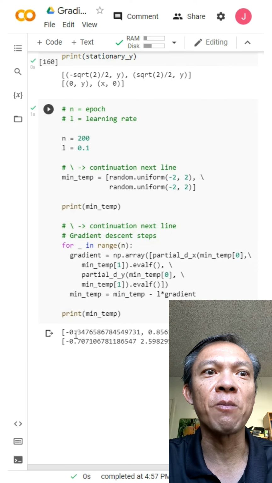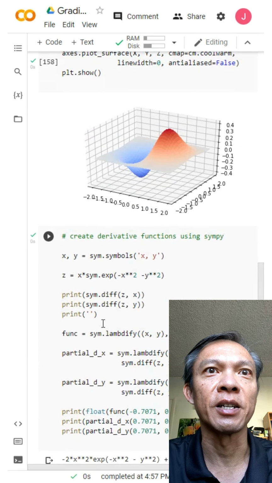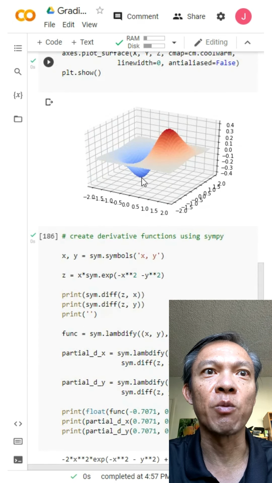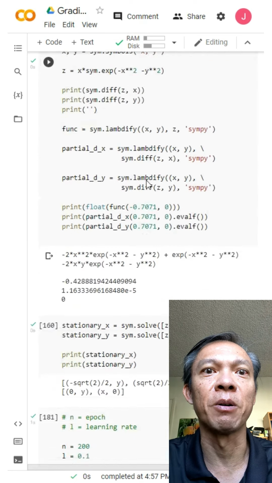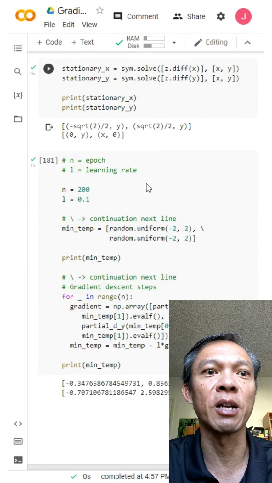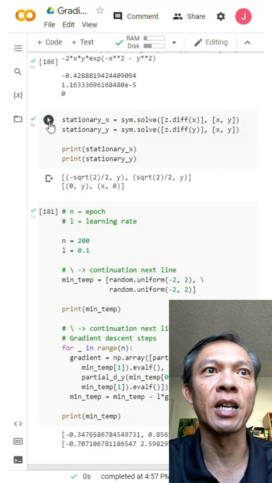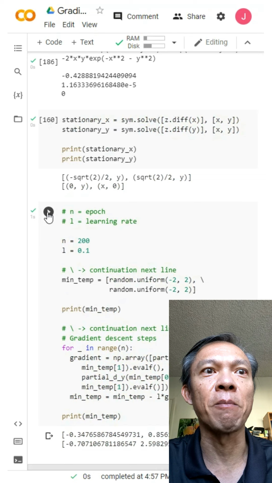So if you have a starting point somewhere in here, it's going to drive you here. But if you have a starting point somewhere in here, it's not going to be able to find the minimum right there. So that's one thing about gradient descent, that in a way, it depends on your starting point.